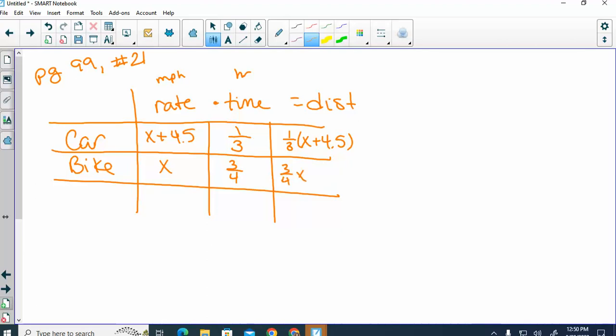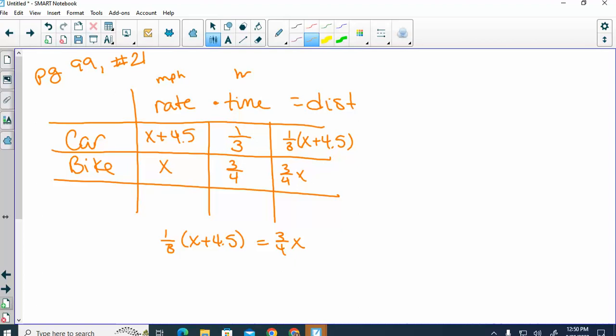And what would be true about those distances? They would be equal. So I'm not going to finish solving it for the sake of time, but to finish you would just set those equal and solve and write an answer in a sentence.